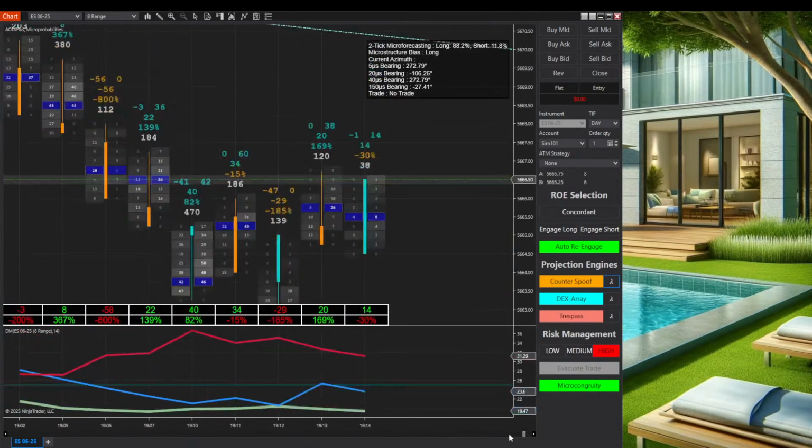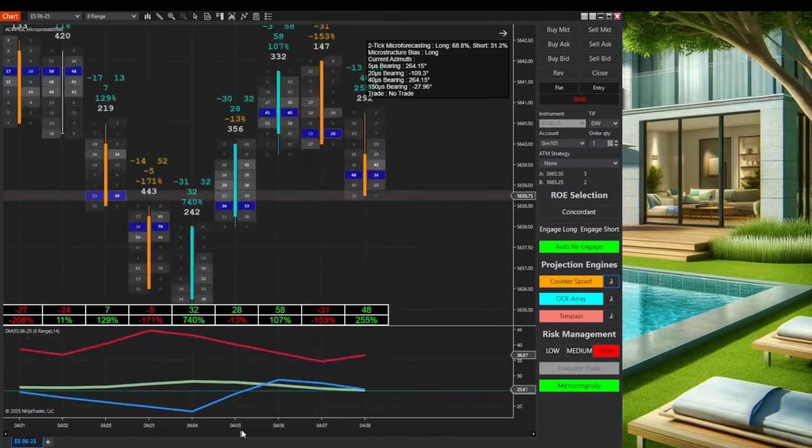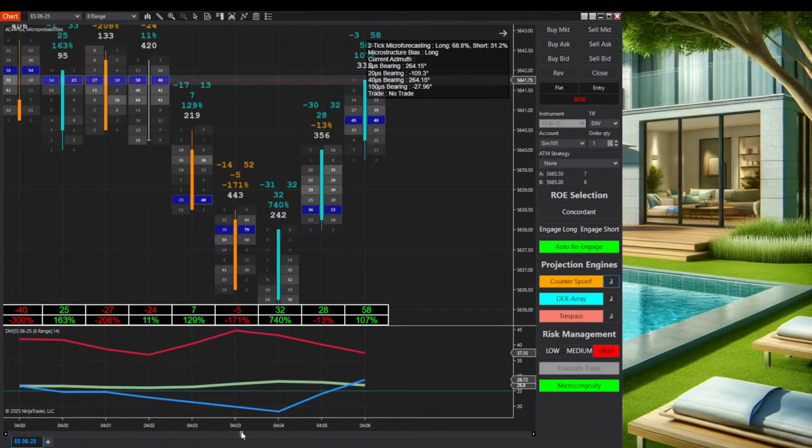So let's just pick a random spot on the charts. Okay, so what do we got here? This is perfect. So it's picking up steam, as you see, the momentum is moving higher. We're bearish, but the price is moving higher. So I picked this random spot on the charts.